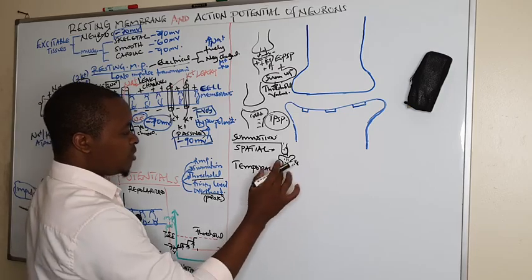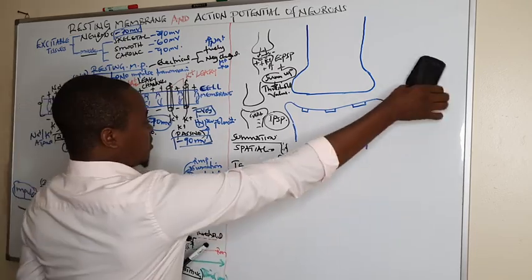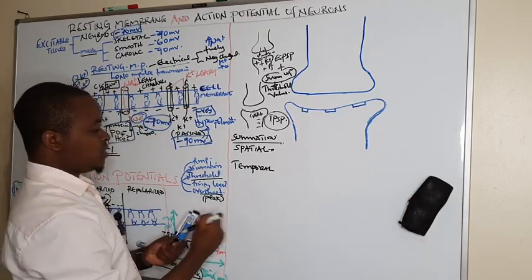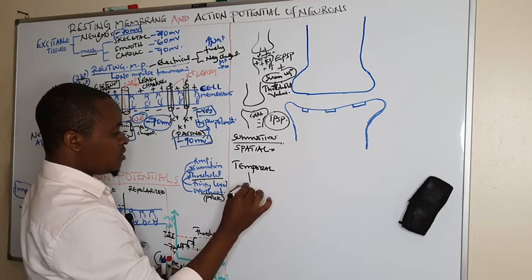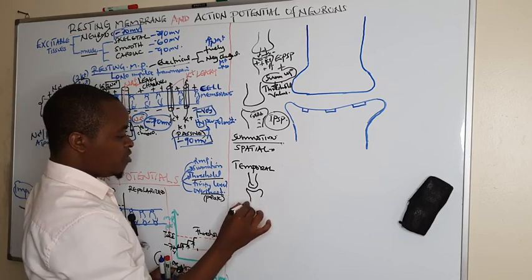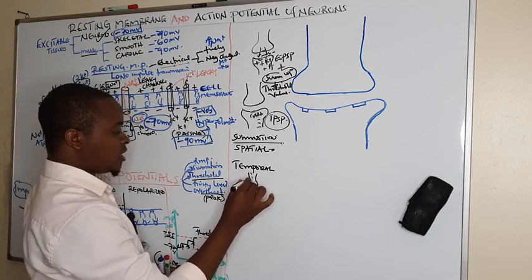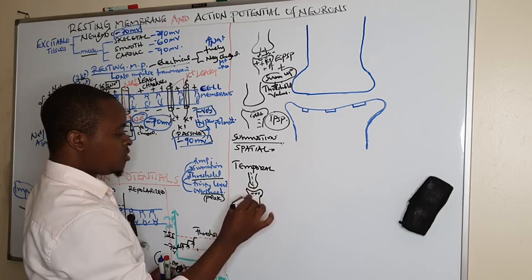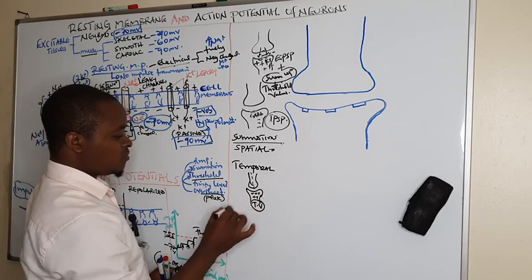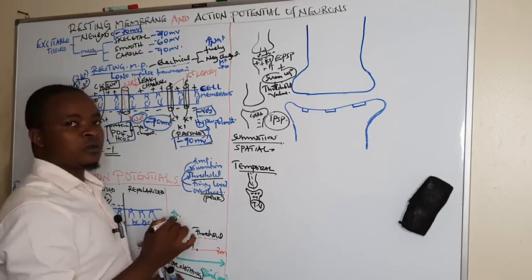That is temporal summation. Under temporal summation, you have one presynaptic neuron firing one postsynaptic neuron, so it keeps bringing an action potential, causing depolarization of the cell until the threshold value is reached. That is what we call temporal summation.